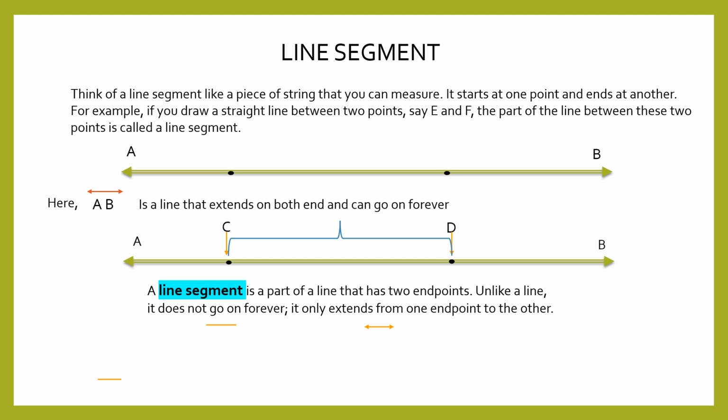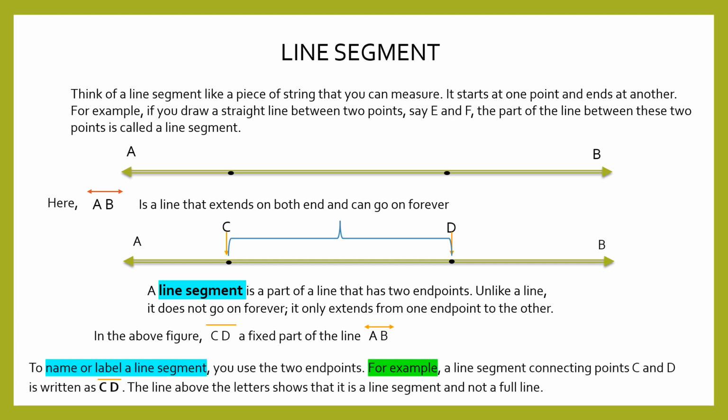Hence, a line segment is a part of a line that has two endpoints. Unlike a line, it does not go on forever. It only extends from one endpoint to the other. So in the above figure, CD is a fixed part of the line AB.